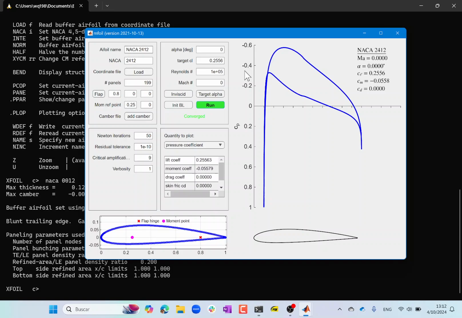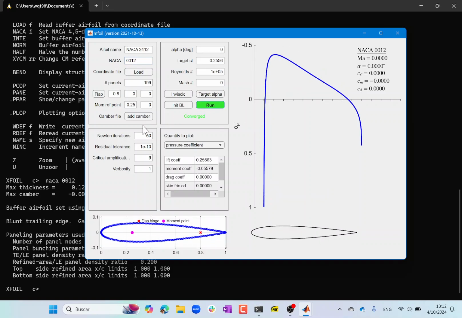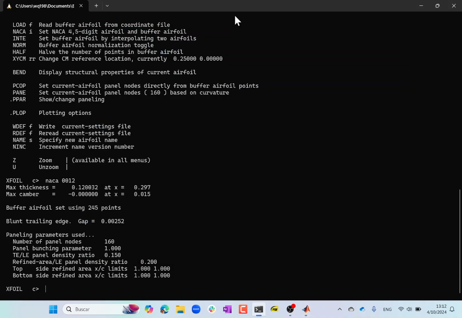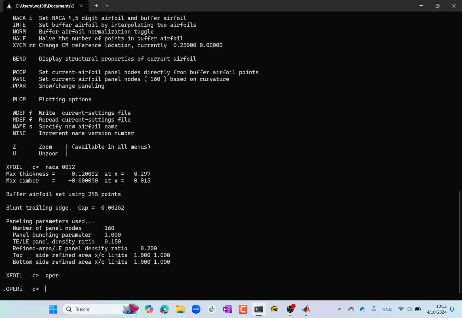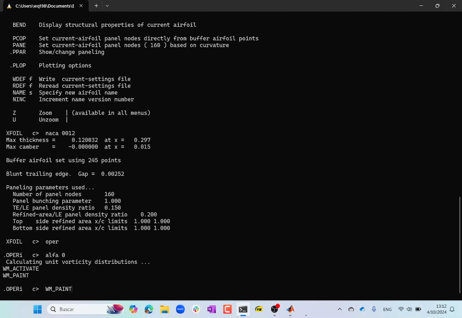In Mfoil, in the NACA portion, you type 0012, and if you refresh by clicking run, Mfoil is going to run. For Xfoil, after typing NACA 0012, you type OPER, same thing as we were doing in AVL, and type ALFA 0.